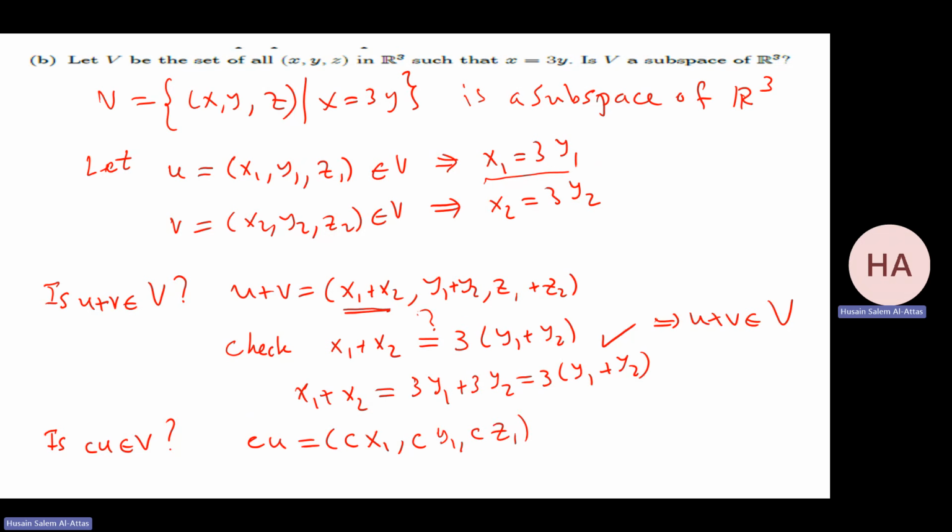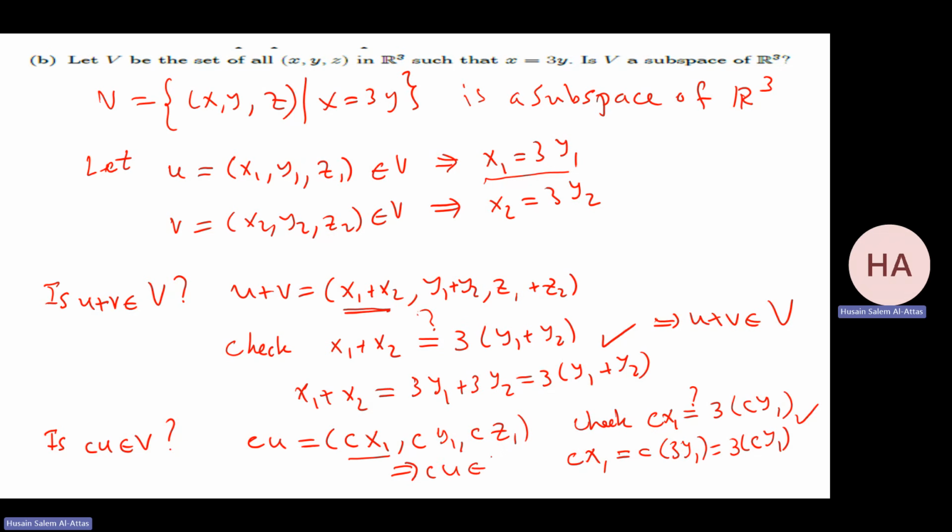I need to check the first component, is it equal to 3 times the second component? I know x1 is 3y1. So that will be c times 3y1, which I can deal with this way. So this is true. So that means cu belongs to V for any c. That means V is a subspace.